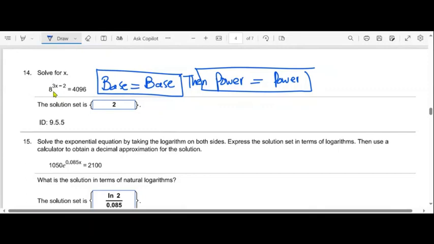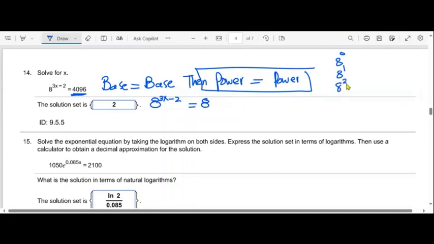Okay. Do we have the same base? No. Right? We have 8 to the power of what? 3x minus 2. Correct? And it's equal to this big number. Can you convert this 4096 number to 8 to the power of something? Now you can use the calculator. Try. Is it 8 to the power of 0? No. 8 to the power of 1?